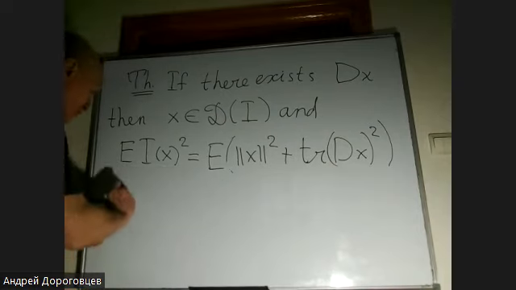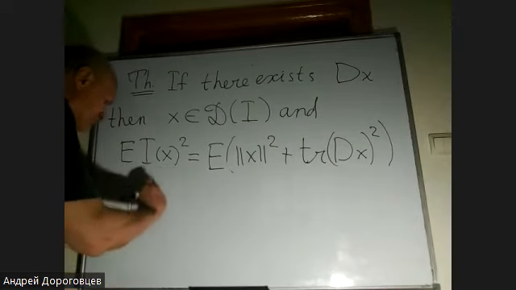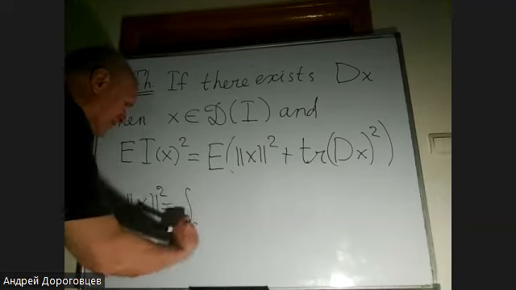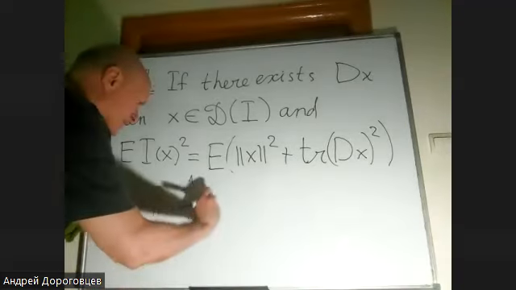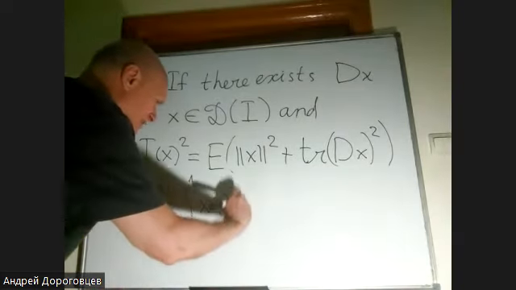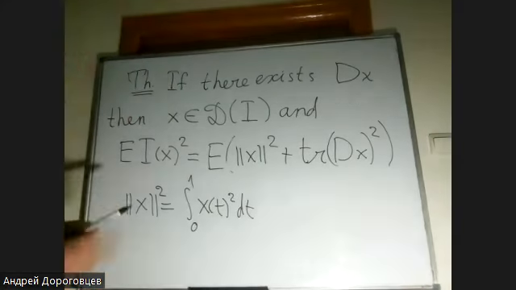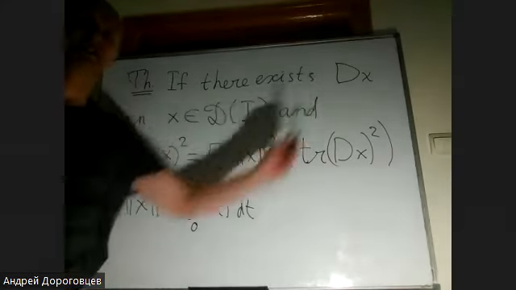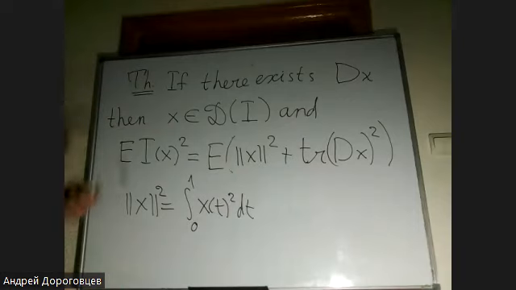So the squared norm of X is simply the integral from 0 to 1 of X(t) squared dt. And we discussed that DX is a random Hilbert-Schmidt operator in the space L2[0,1].